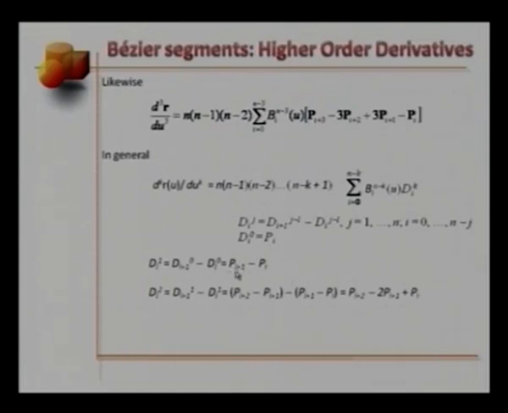Use a similar expression here. This is p i plus 2 minus p i plus 1, minus d i 1. Get this expression directly over here, p i plus 1 minus p i. A little rearrangement will give you p i plus 2 minus 2 times p i plus 1 plus p i.